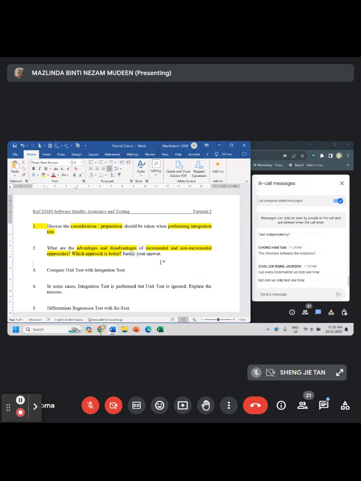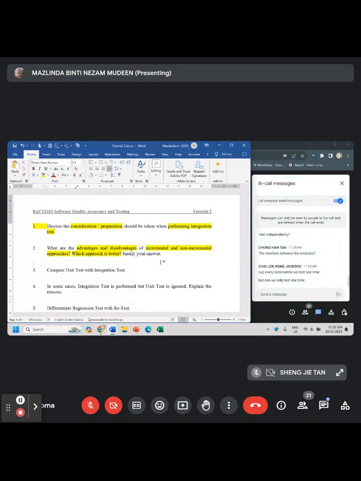So compared to incremental approach, in non-incremental approach the module does not meet another module in a small sizing, in an early way, but only as a whole system. So we can only detect the programming defect inside the complex integrated system.